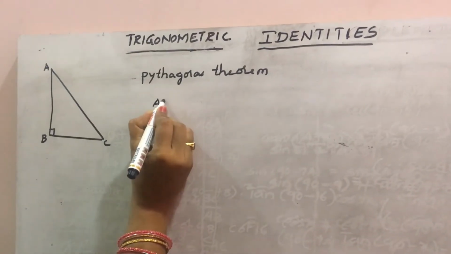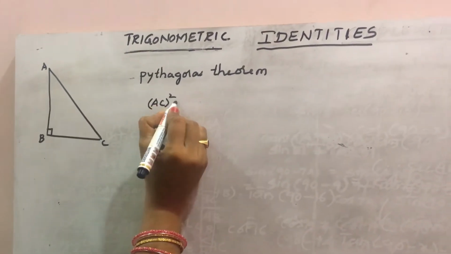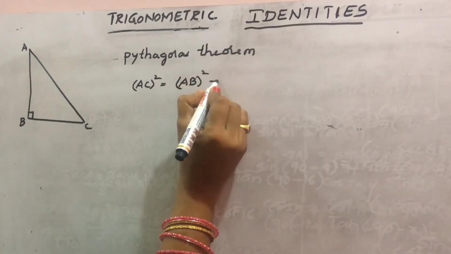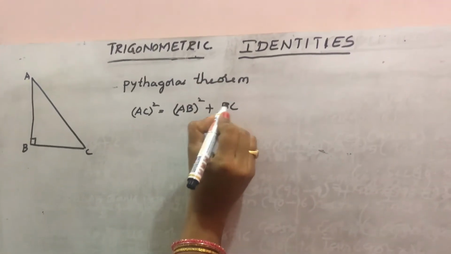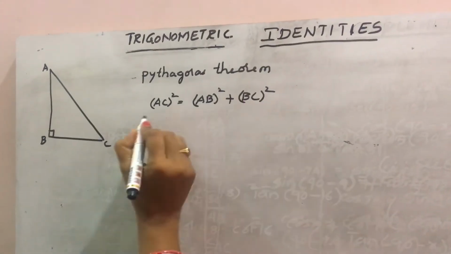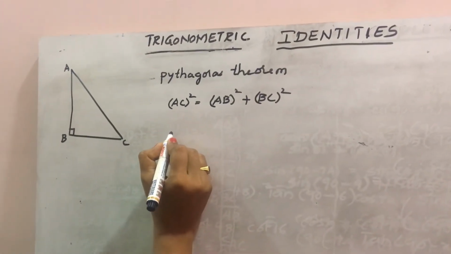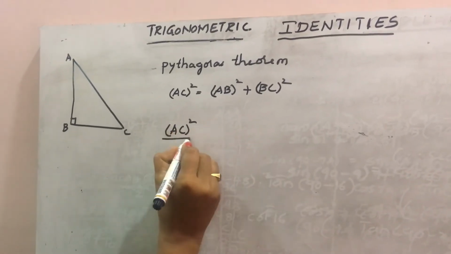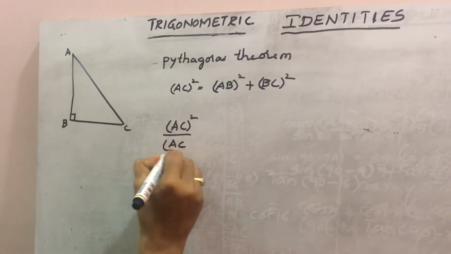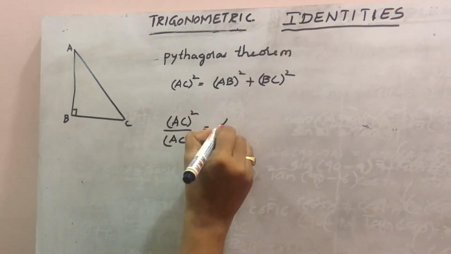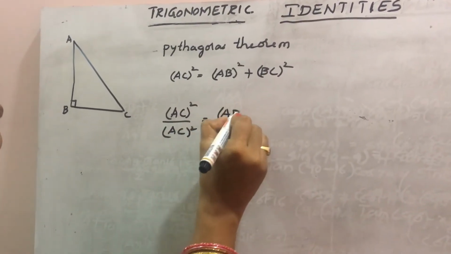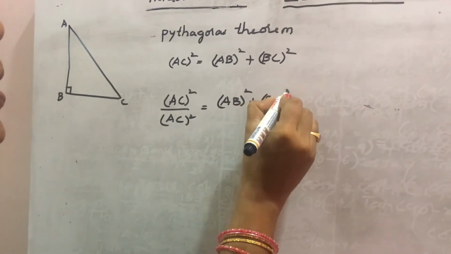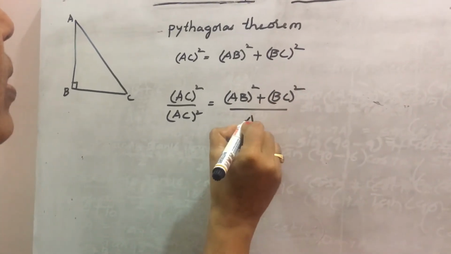AC square is equal to AB square plus BC square. If we divide AC square throughout the equation, we will get AC square by AC square is equal to AB square plus BC square by AC square.